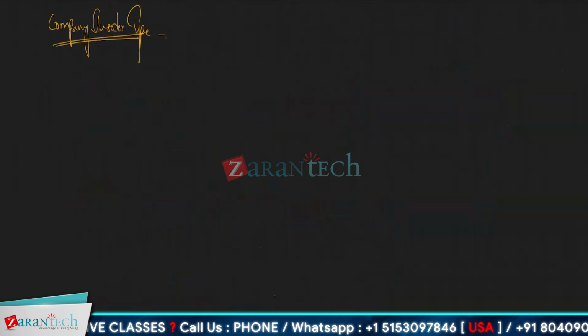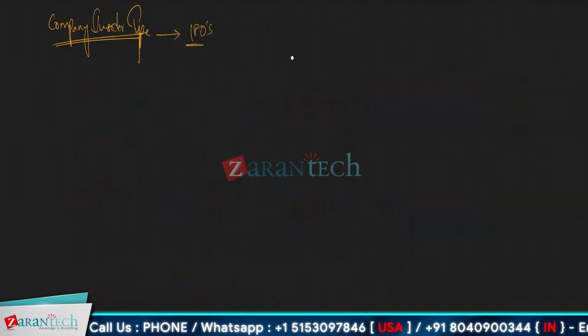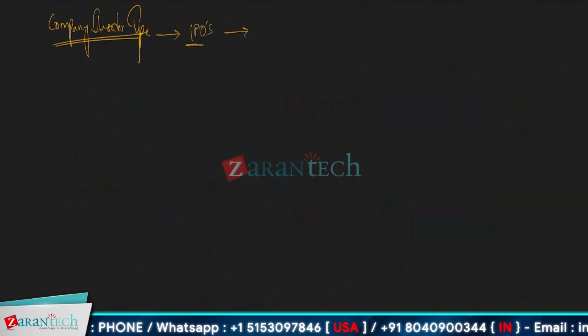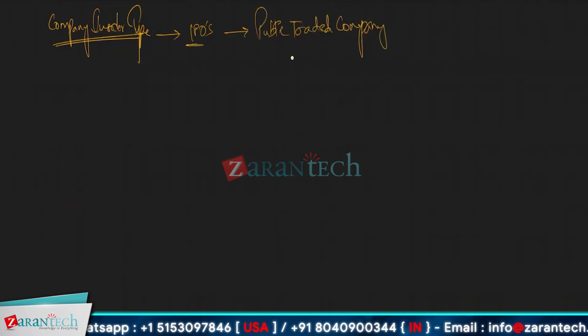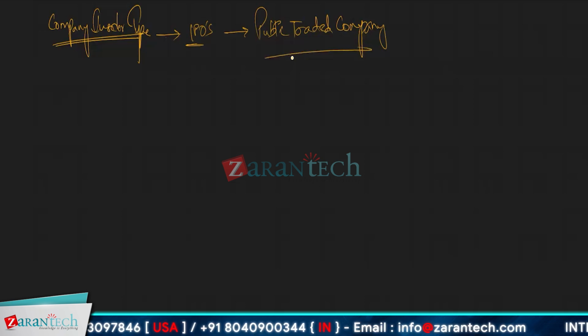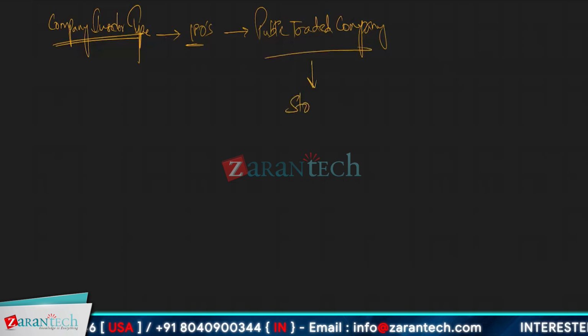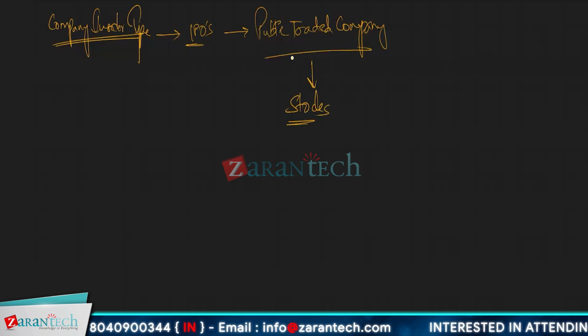There are a lot of companies that are IPOs, meaning they are publicly traded companies. So what does it mean by a publicly traded company? They do have stocks that are traded on stock brokering websites. So the company has company stocks.